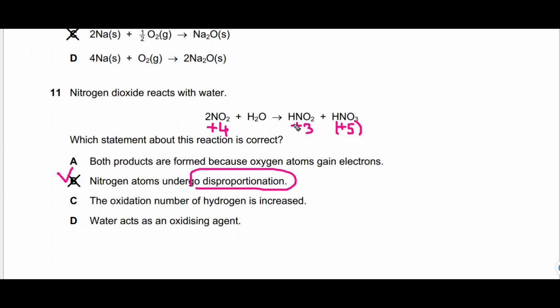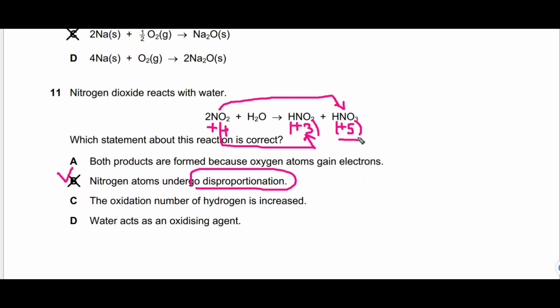So why is this a disproportionation reaction? Nitrogen goes from +4 to +3, so the nitrogen atom is reduced, and at the same time nitrogen dioxide is oxidized to nitric acid, nitrogen +4 to +5.